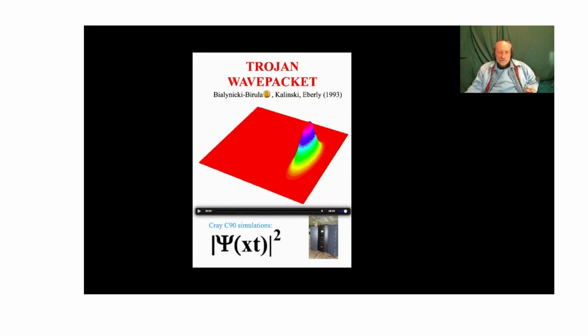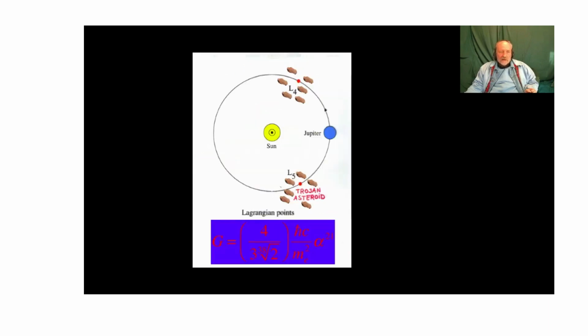So why were they called Trojans? Because they correspond to the problem of the Trojan asteroids, which are moving around the sun, with the Lagrange equilibrium points created by the system of the sun and Jupiter.